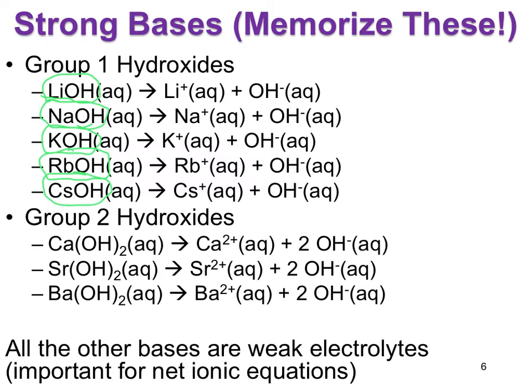The second group are the hydroxides of some of the group 2 metals. These are calcium hydroxide, Ca(OH)2, strontium hydroxide, Sr(OH)2, and barium hydroxide, Ba(OH)2.